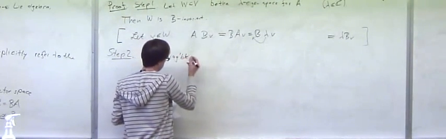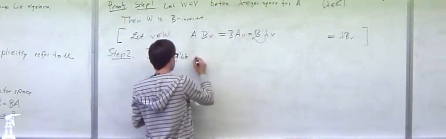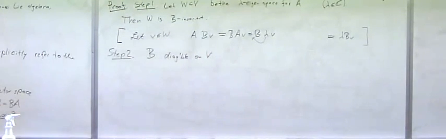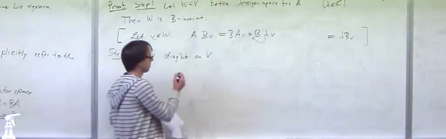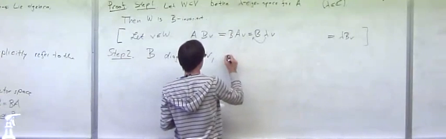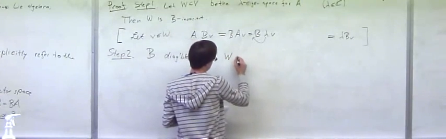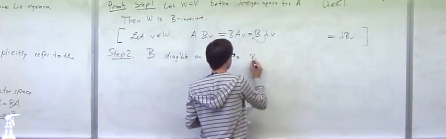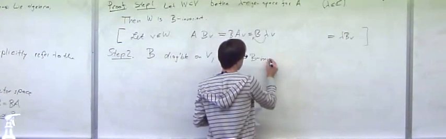Now we know that B is diagonalizable on V. This is by assumption. And now we fix W to be a B invariant subspace.